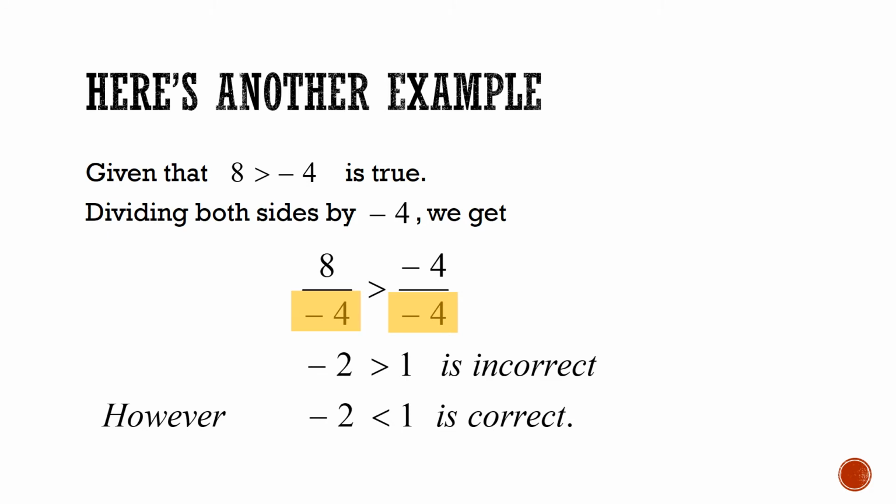Does this look correct? No, it doesn't. This statement is incorrect. However, negative 2 is less than 1. That statement is correct. So here we see the difference between those two statements. We have a change in our symbol from the greater than symbol to the less than symbol.